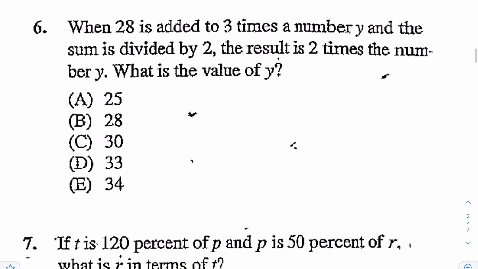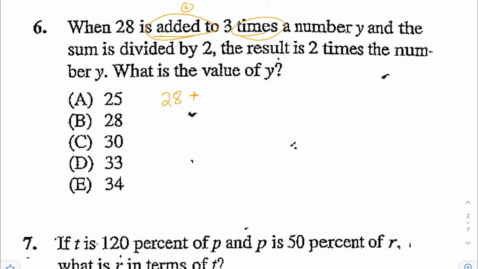Next, for question number 6, when 28 is added to 3 times the number y, and the sum is divided by 2, the result is 2 times the number y. What's the value of y? So here you have to turn the word sentence into a number sentence. So the first keyword is added to, which means plus. So you want to do 28, and you're going to add 3 times y.